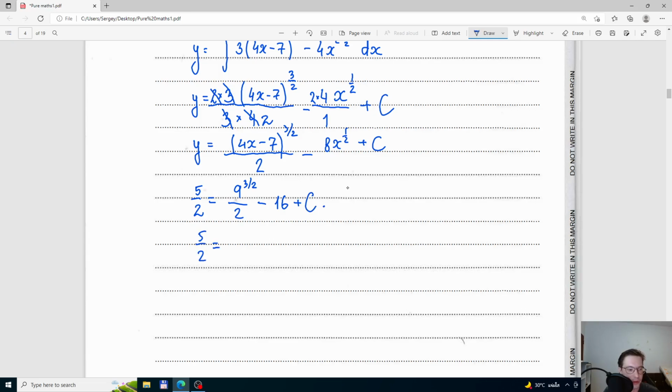Now let's calculate all of that, and we got 5 over 2 equals 27 over 2 minus 16 plus c. And from here we can find c.